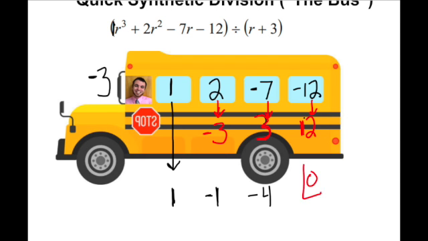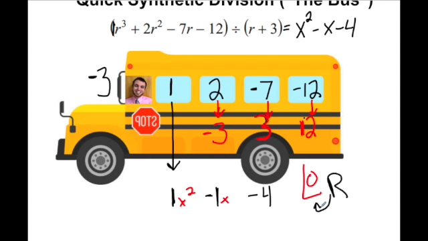This tells me the answer to my problem. I go right to left and fill in the powers of x. Because the coefficients are 1, I'll just write x squared minus x minus 4, and this tells me there is no remainder. This is always the remainder.